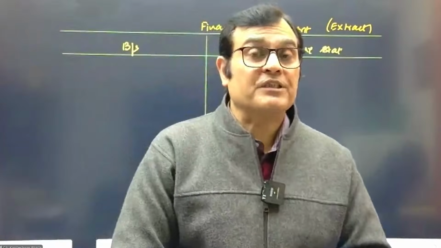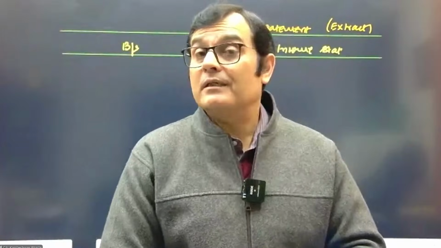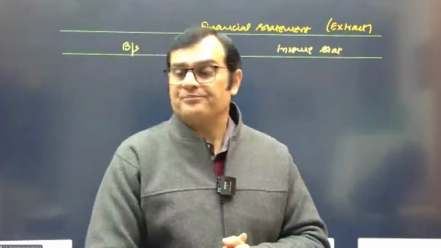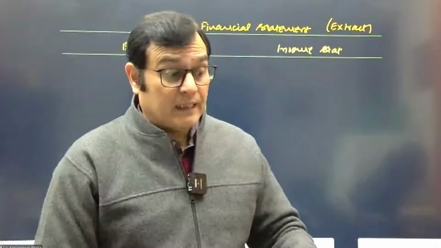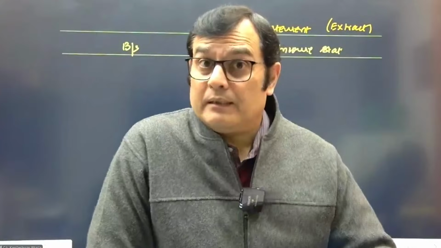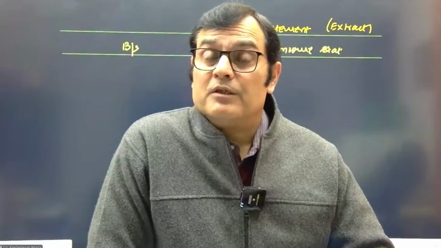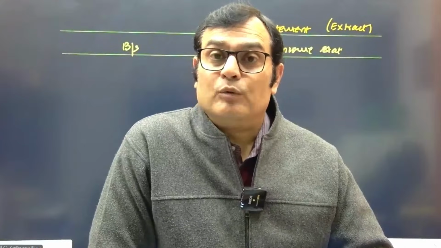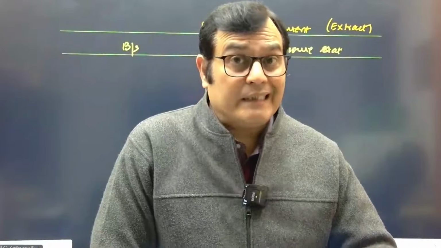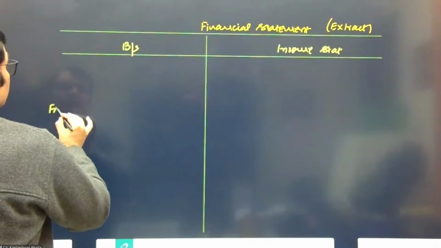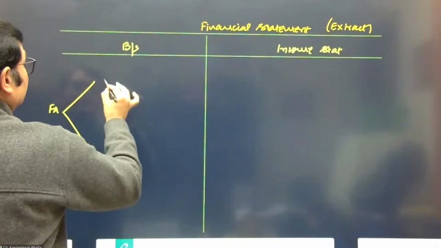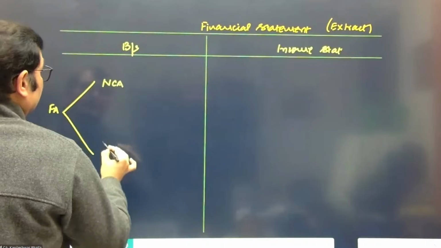We're saying at the end of the first year, so is that going to be current or non-current in nature? Non-current. Okay, I'm afraid I would say that there is partly current and partly non-current, because the loan is payable in 5 equal installments. So you need to segregate the element of this loan. So we can say the financial asset in the balance sheet will be segregated in terms of non-current and current.